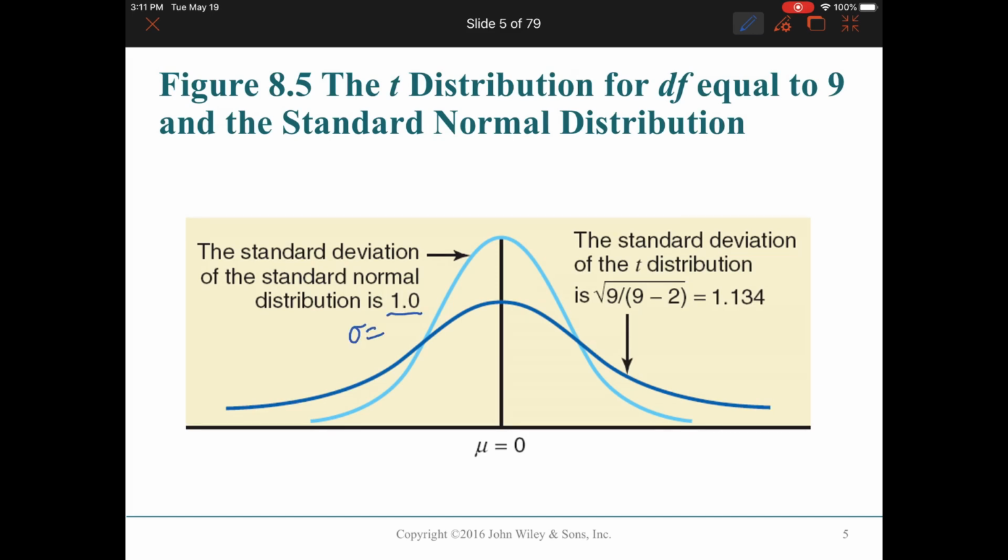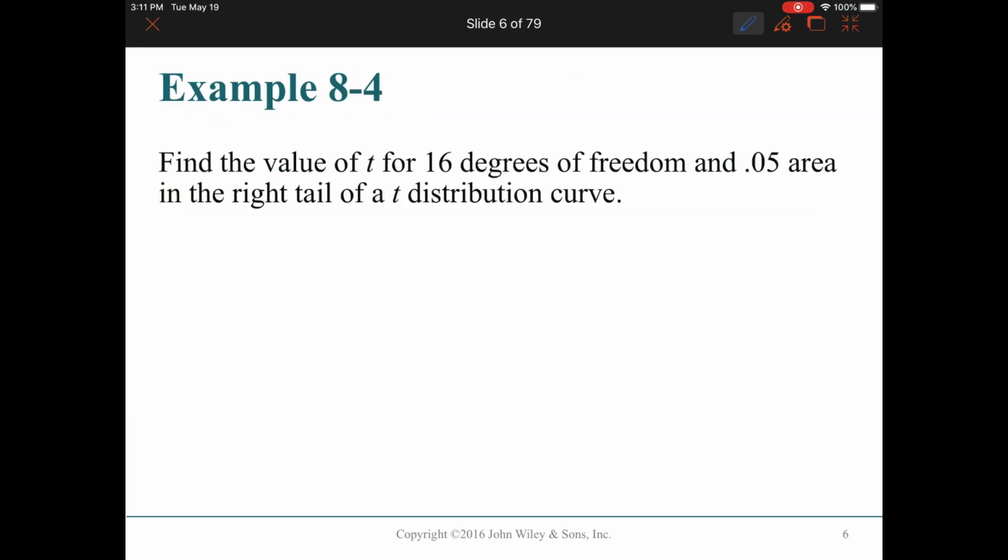If the standard deviation of a standard normal distribution is equal to 1, that of course is sigma, then the standard deviation of the t-distribution would be a little bit more, so it's more spread out. A little bit flatter at the top, a little bit more spread out at the tails. Wider tails. It continues staying above the horizon a little bit longer than z might, although none of them ever go below the horizon, as you know.